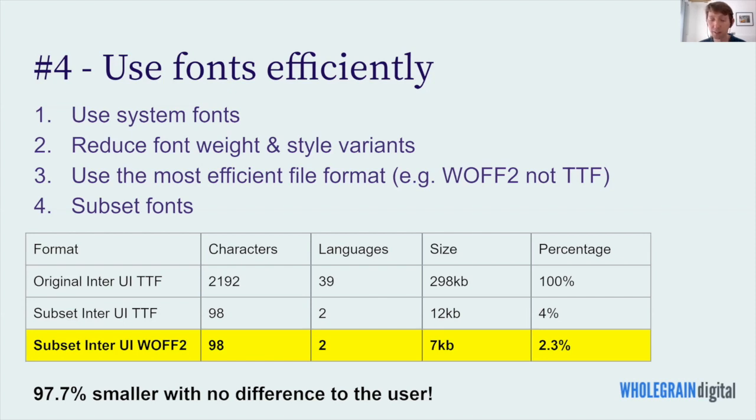That's pretty standard; you can do that with pretty much any font you choose. And if we convert it to a WOFF2 file, we get it down even further to 7 kilobytes. So subsetting fonts is really worth doing. The only thing I'd say is think carefully about which characters you need.